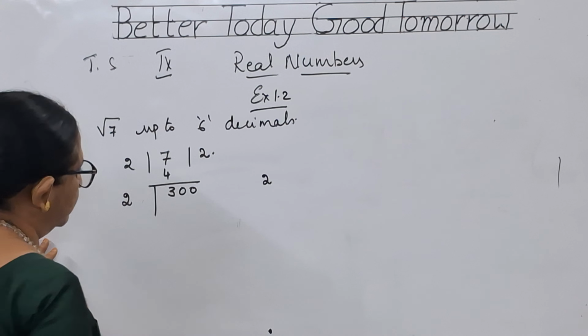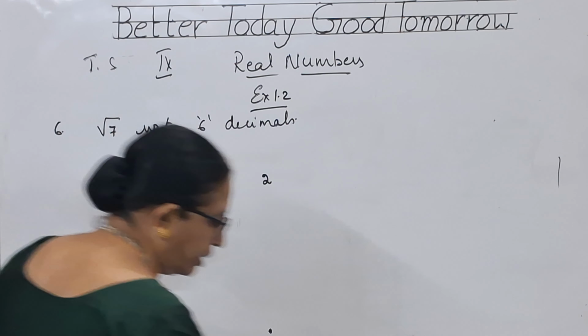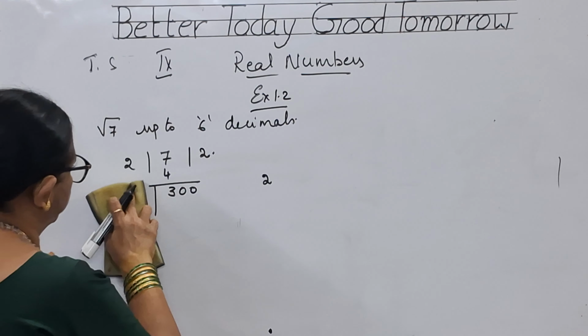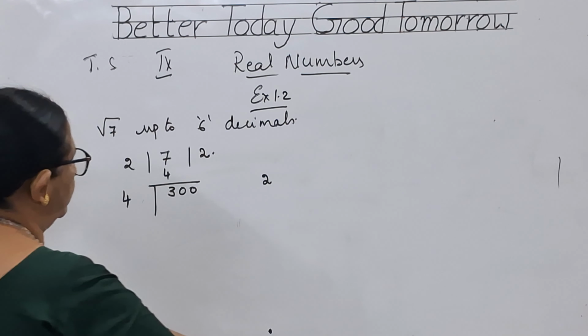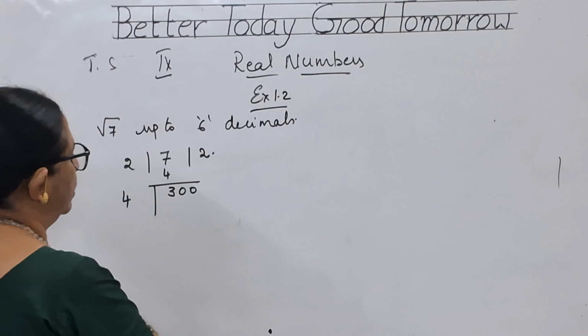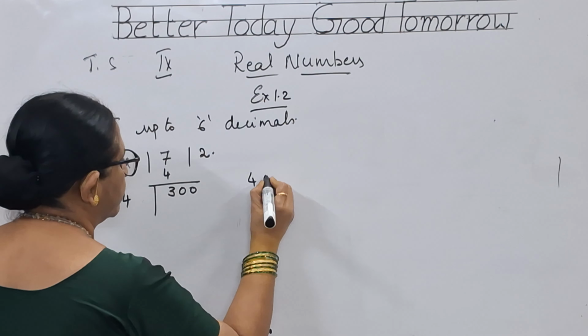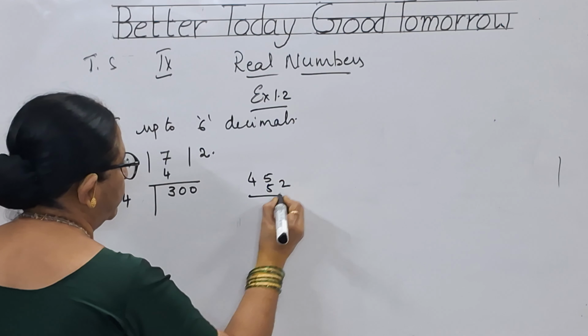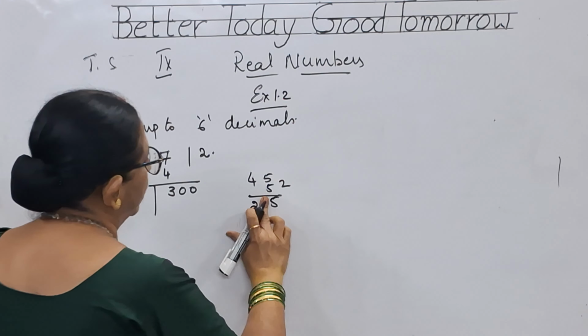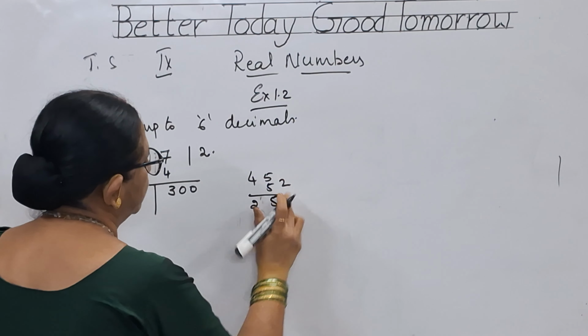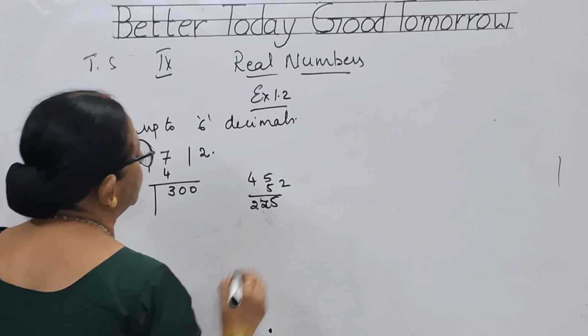You will be getting 20. Here you will be getting 4 now. 2 2s are 4. So 45. 5 5s are 25, 5 4s are 20, 20 plus 2, 22.